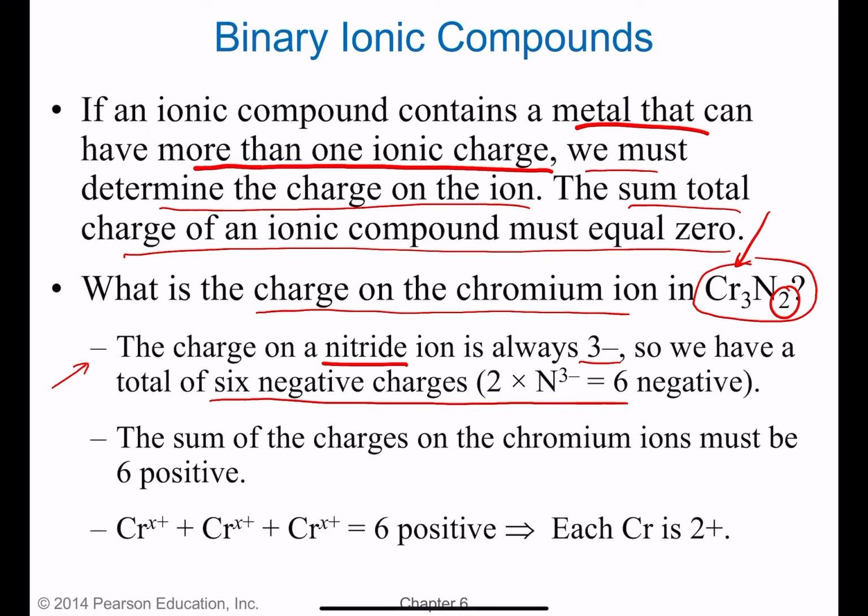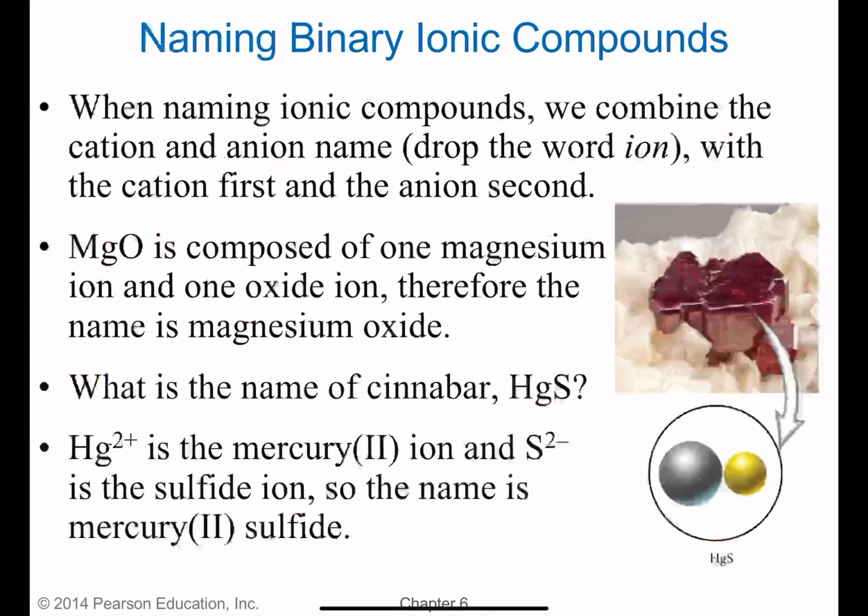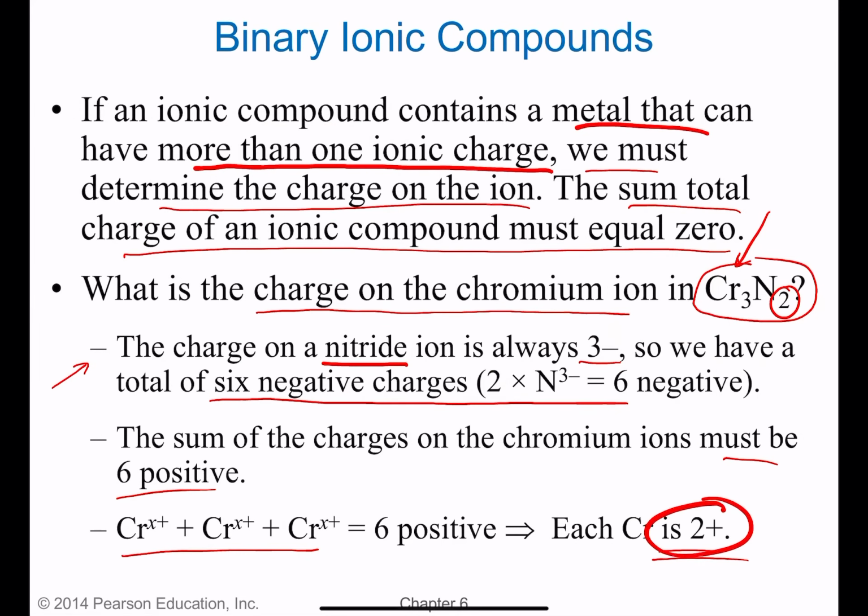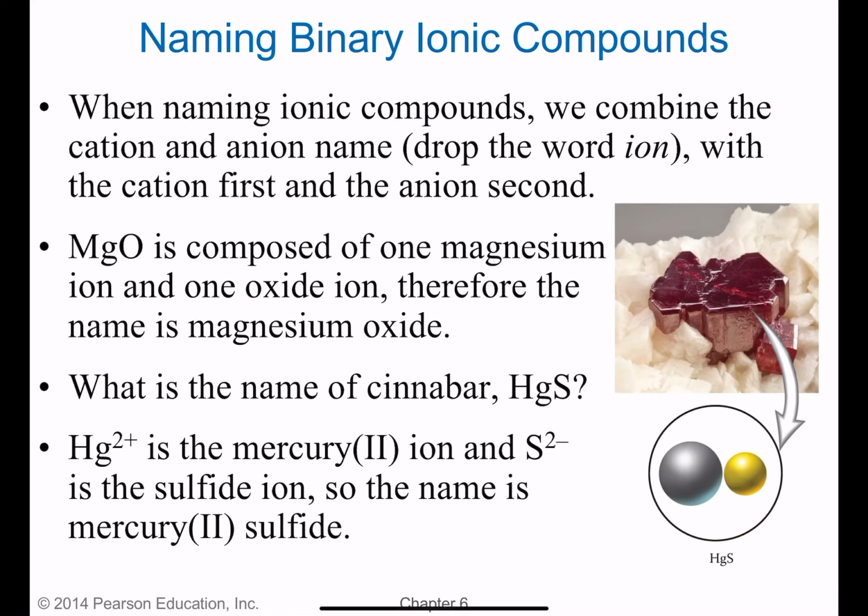Again, we're trying to make a neutral compound, so the chromiums have to total up to 6 positive. And there's 3 of them, so that means each chromium must be 2 plus. And then, why do we care that it's 2 plus? Because that's going to tell us how we say and write the actual name. So there's the formula and the name. We are doing the formula and we'll do the names shortly.